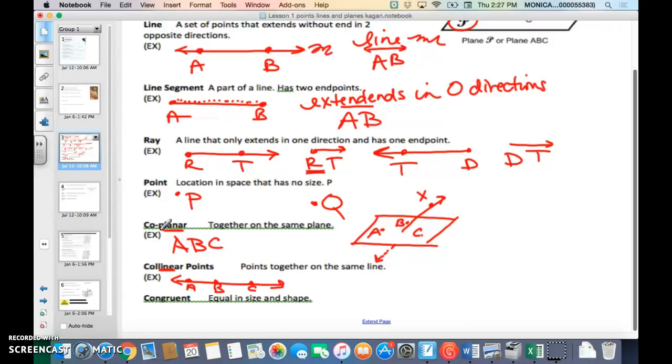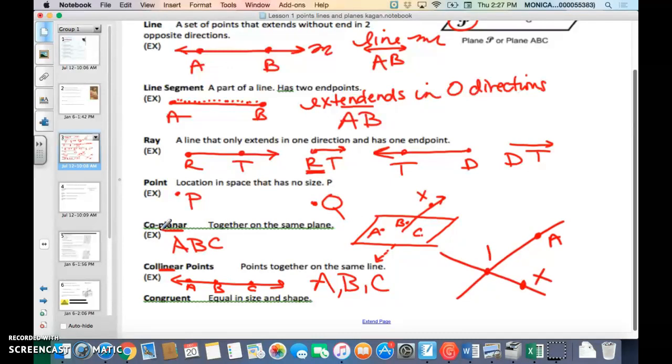And we just label them by saying like A, comma, B, comma, C. Now, a non-example of collinear would be like if you had something that looked like this. Okay, what you'll notice is that this is a line, this is a separate line. Okay, so X is not in the same line with A and T.